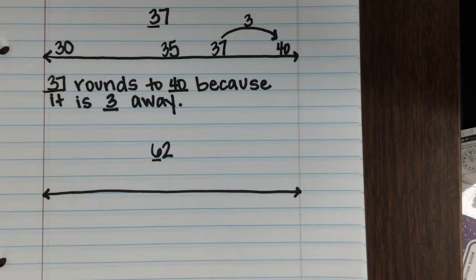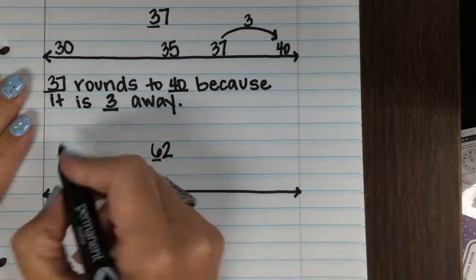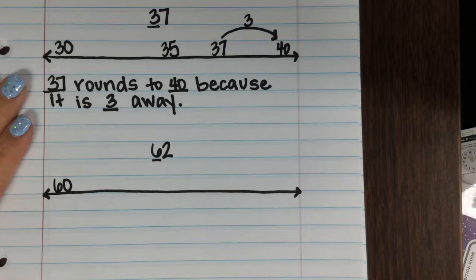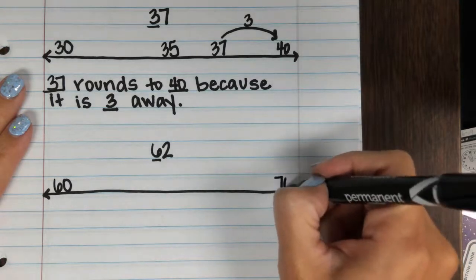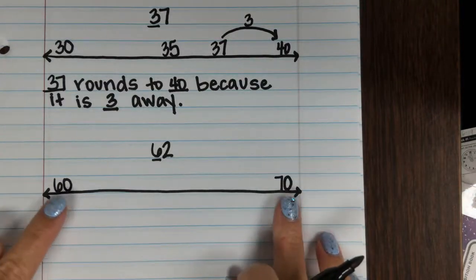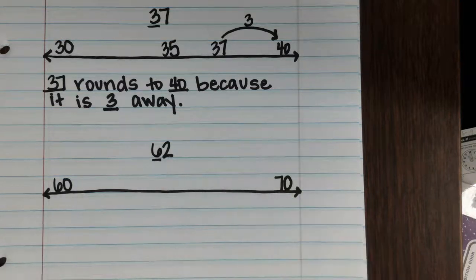All right, so what is our benchmark that will come before 62? 60. Good, 60. What is 10 more? 70. So step 1 is to find our benchmarks, our tens numbers that our number comes in between.